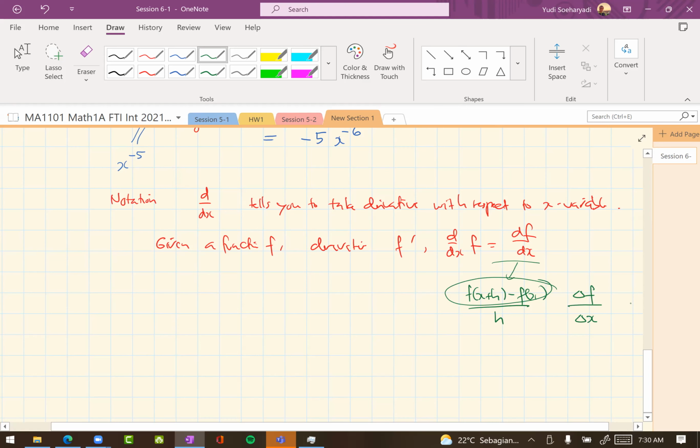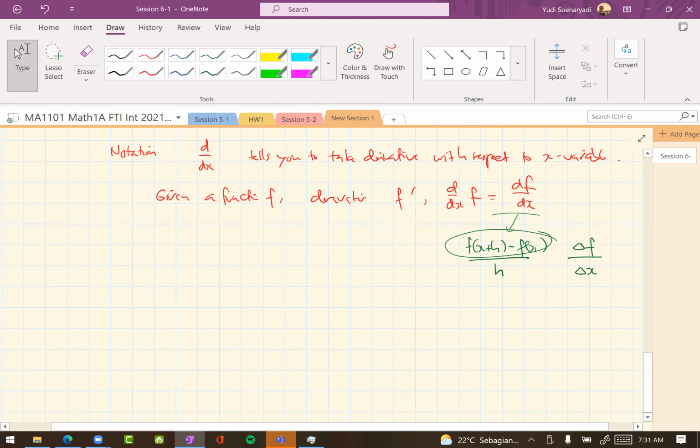So your notation of df/dx is basically from delta f divided by delta x, and you take the limit as delta x goes to 0.